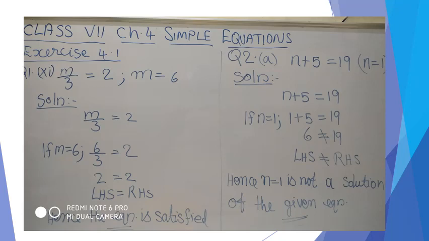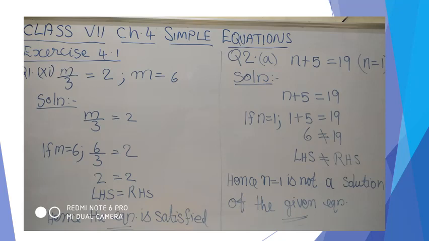Next, question number 2a. n + 5 = 19, n = 1. Here we have to check whether the given value of n is the solution of the given equation or not. The same as first question we can solve. Given equation is n + 5 = 19.